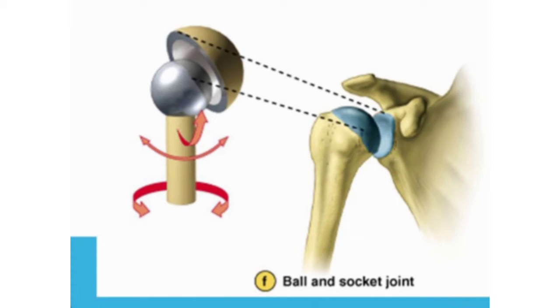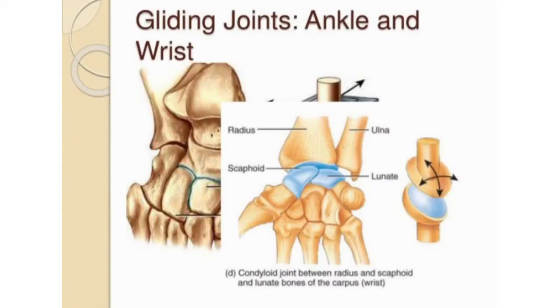In a ball and socket joint, the round end of a bone fits into a cavity of another bone. Where are the ball and socket joints present? Shoulder and hip.